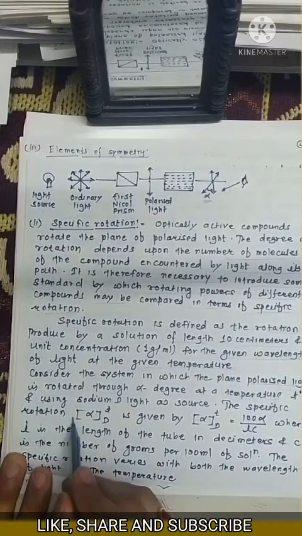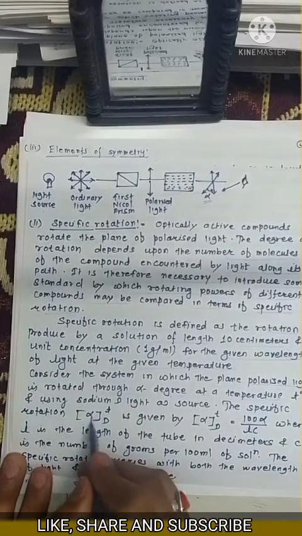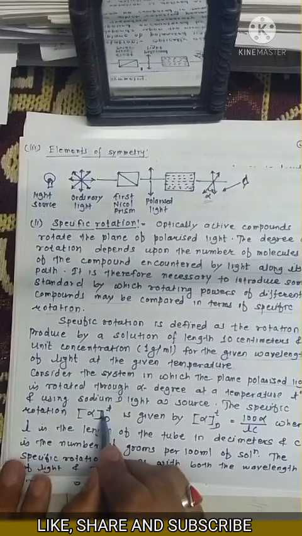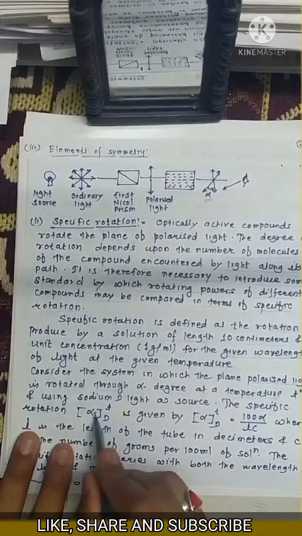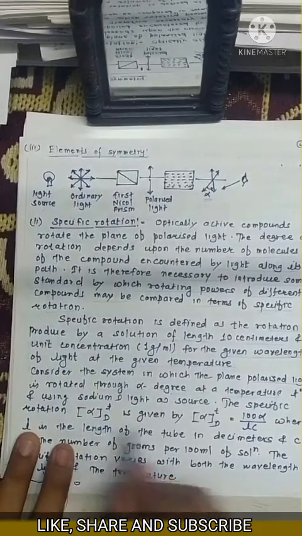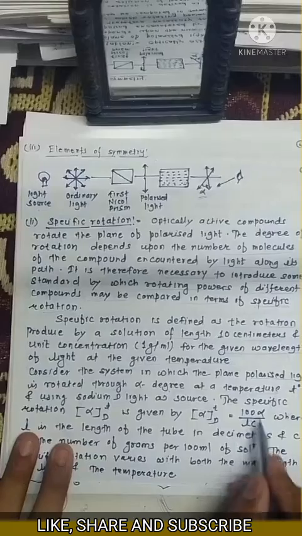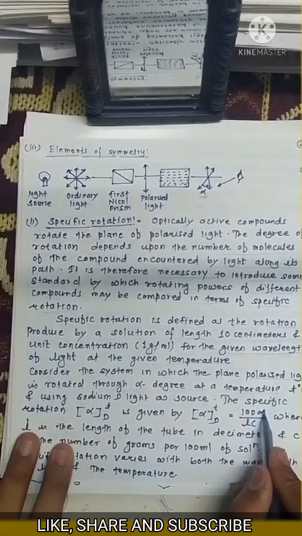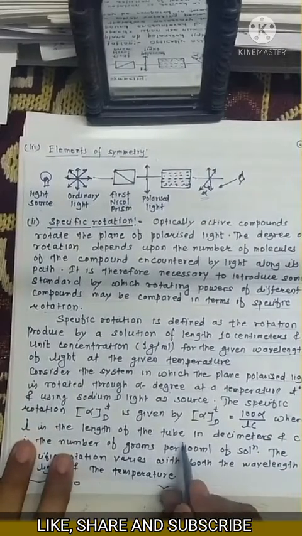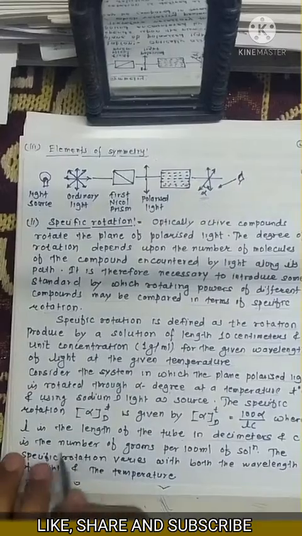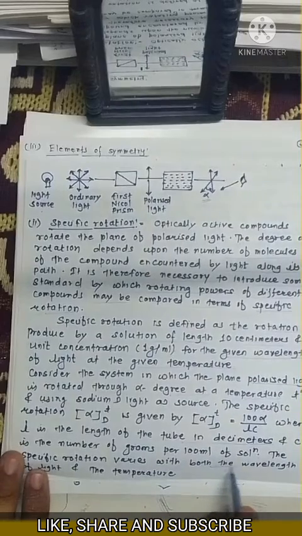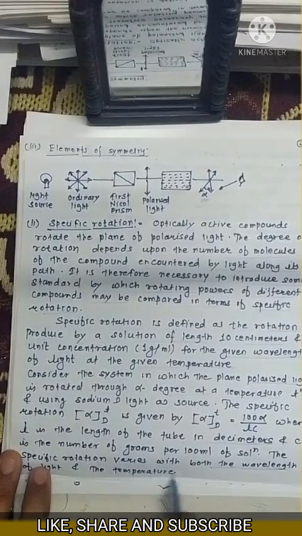The specific rotation is denoted by this symbol and is given by [alpha]^T_D equals 100 multiplied by alpha divided by L multiplied by C, where L is the length of the tube in decimeters, and C is the number of grams per 100 ml of solution. The specific rotation varies with both wavelength of light and temperature.